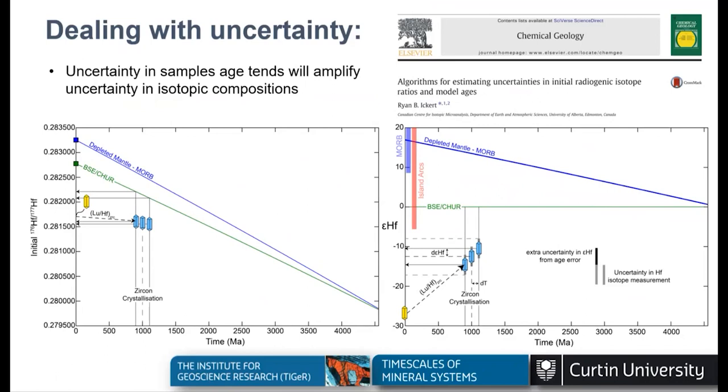Because you can see as you increase delta T, the way the geometry works is that you increase delta Hf. You can imagine that being about 50 to 100 million years, you can almost double your uncertainty just from that. There's a really good paper by Ryan Eckert where it goes through all the maths and derives the equations. So if you're interested in this, you can go look that up and see how you can factor that into your calculations.